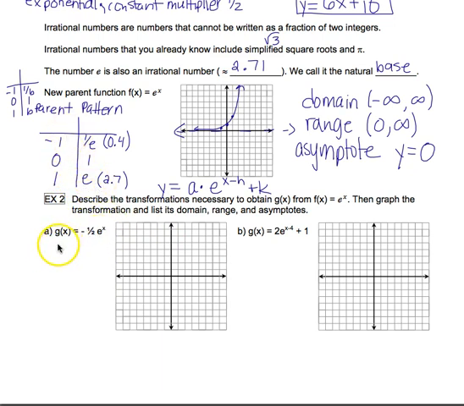All right, so let's look at the transformations first. So here in A, I have this -1/2 out in front of my e to the x. So that means that this is an A value. So A can control two things, reflection and vertical shrink or stretch. In this case, since it is negative, that means that we should, in our transformations, list a reflection in the x-axis.